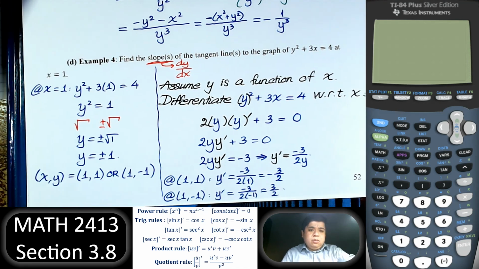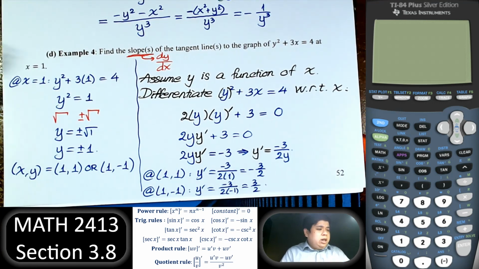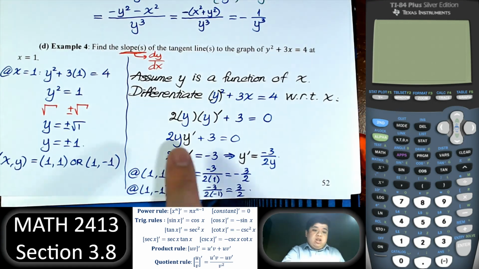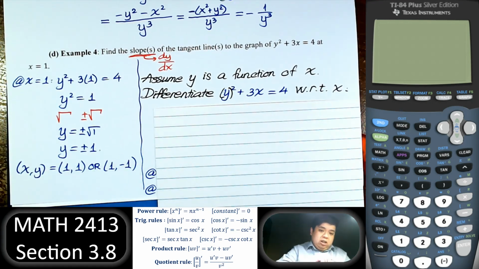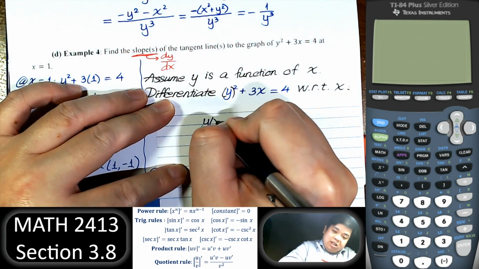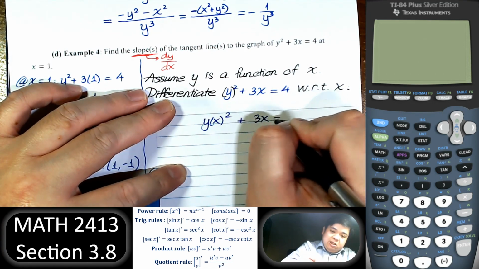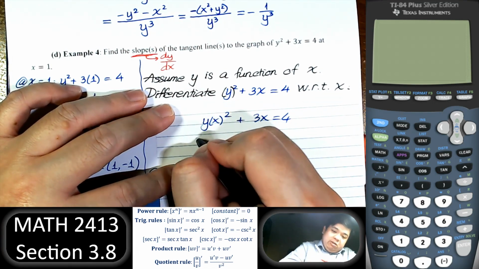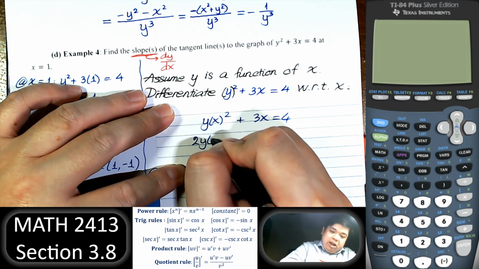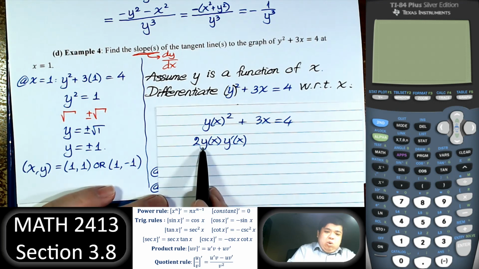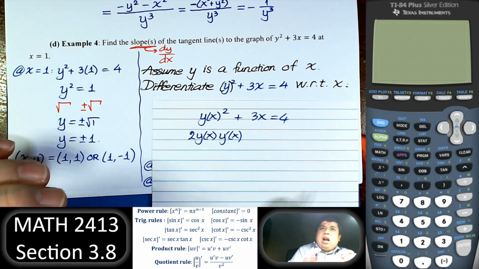Usually in the book, I'm not sure how the book writes it, but I prefer to just write y. If here I write y is a function of x like this, and when I take derivative, I become 2y of x. I could write like that too, but with the x here, that could be kind of confusing.